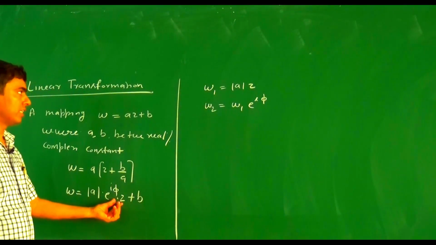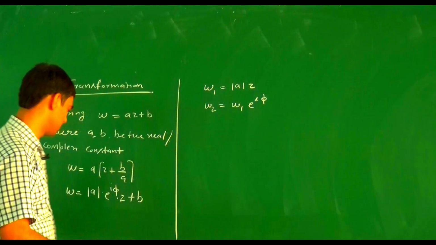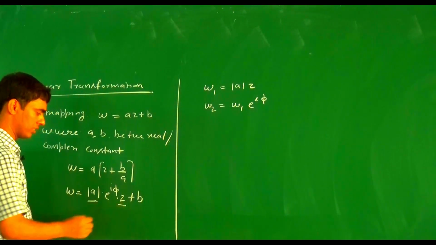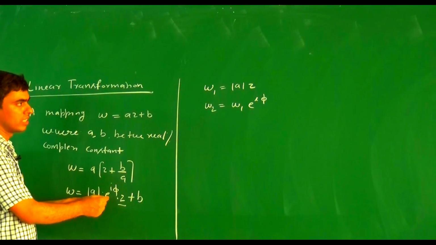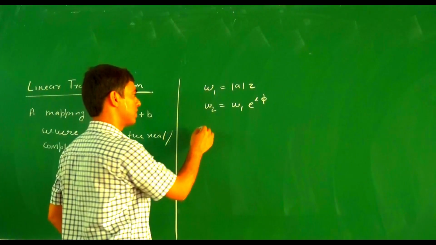Mod A into Z is W1, and W1 into e to the power i phi is W2. So what is the value for W?